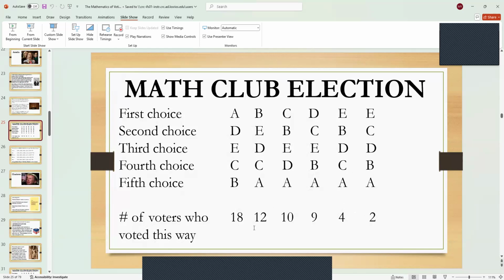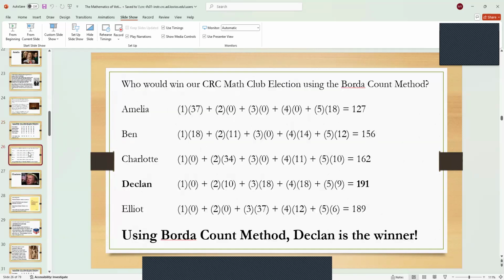There's 18 total people, 12 plus 4 plus 2, that had Declan in that third row. And in this case, you get 3 points for a third choice vote. Remember, starting at the bottom, 1 point, 2 points, 3 points, 4 points, 5 points for the top. But we're at 3 points for that middle row, and 18 people voted Declan in that middle row. That's where the 3 times 18 comes from.